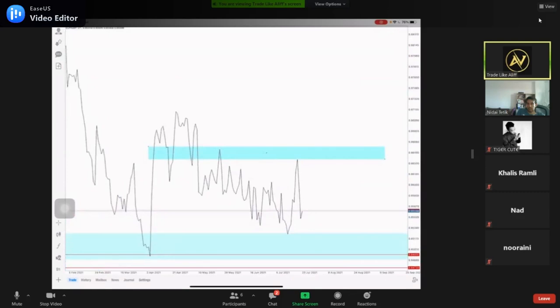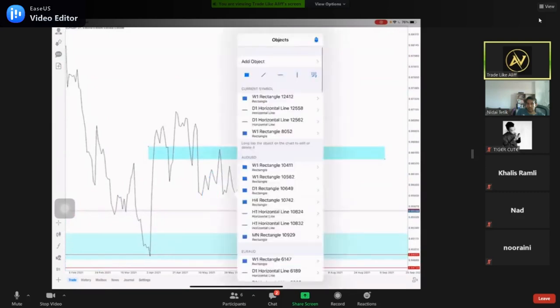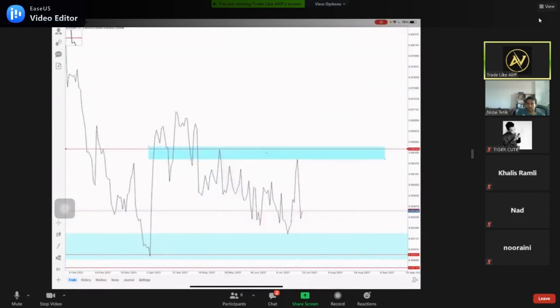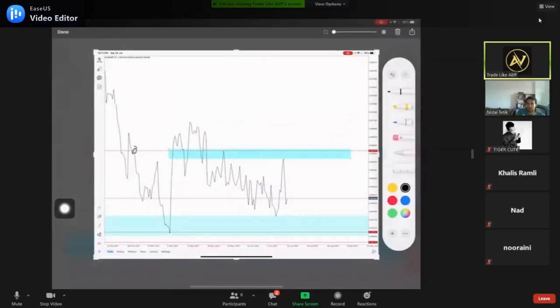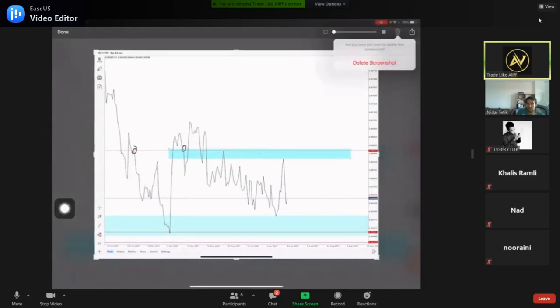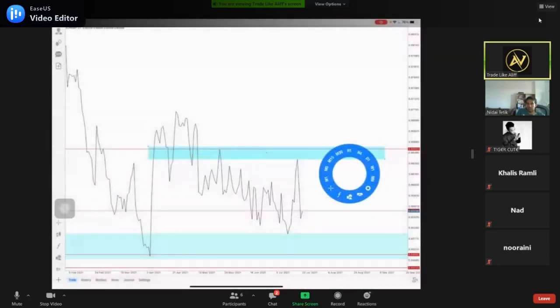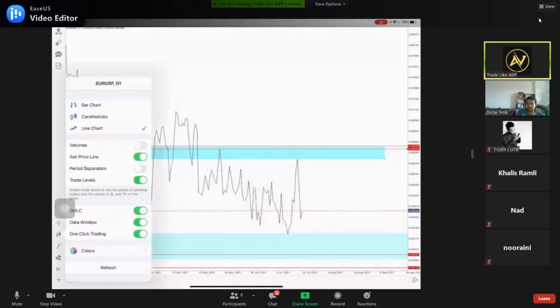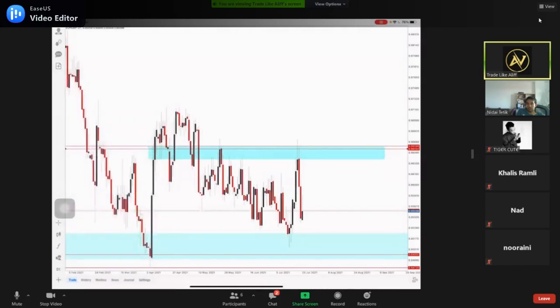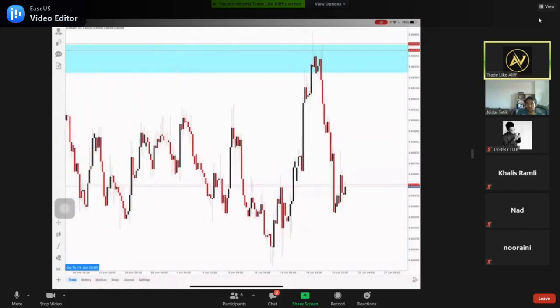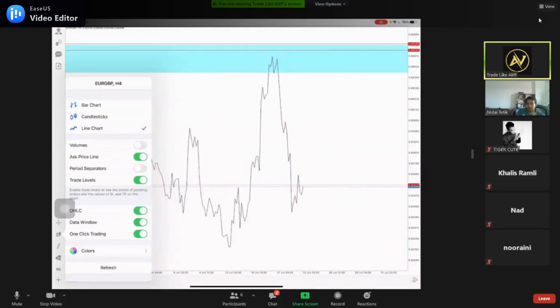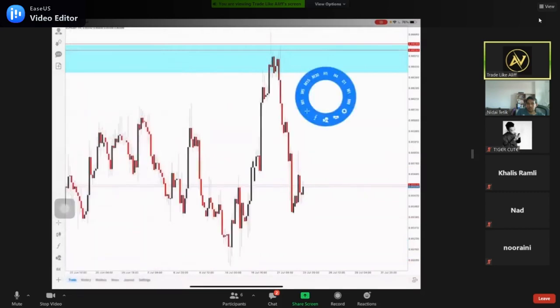Then we go to daily. Then we mark a big movement. One here. Understand? Okay. And then when it touches there, we just focus on breakouts. Okay.